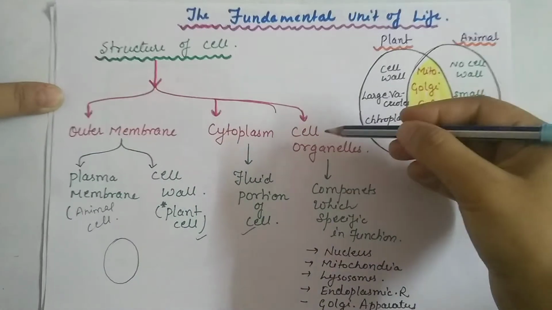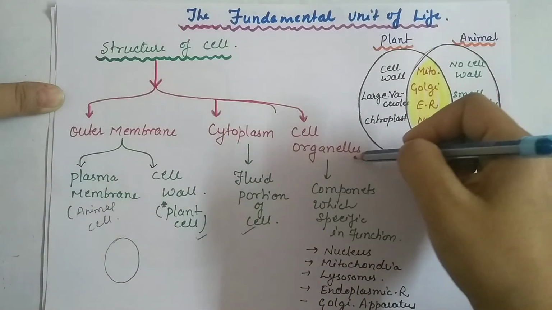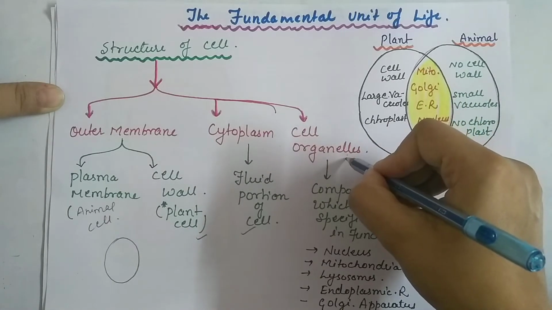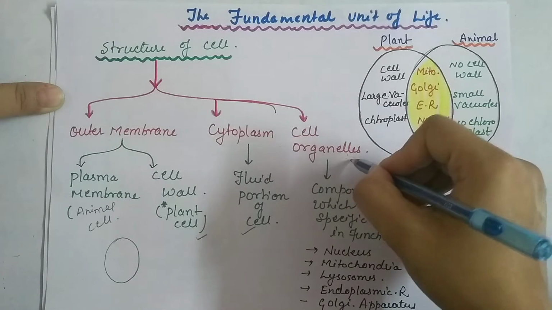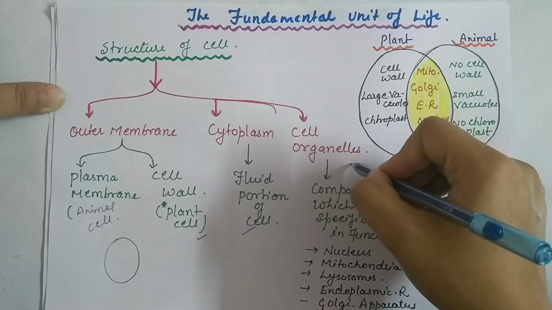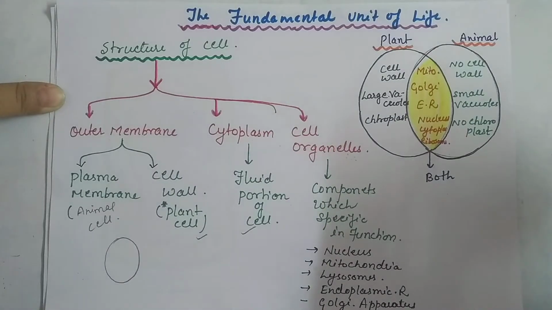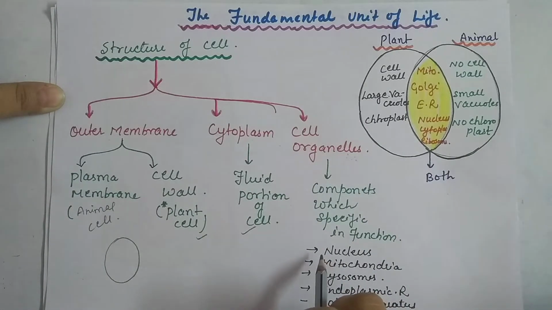And third we will categorize the cell organelles. These are one of the basic components of the cell through which the cell does all its activity. These are called the components of the cell, which are very specific in their function. There are different types of cell organelles like nucleus, mitochondria, lysosomes, endoplasmic reticulum, Golgi apparatus.